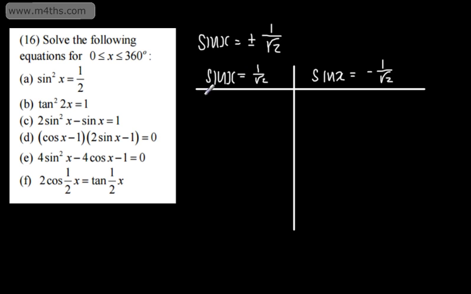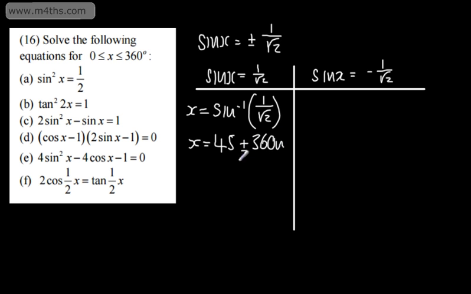So what we're going to have, principal value, we'll solve this one first. x is going to be equal to the inverse sine, sine to the -1 on your calculator, of 1/√2. That's going to give us 45 degrees, plus or minus multiples of 360. By symmetry, we will have 45 back from 180, which will give me 135 plus or minus 360n.